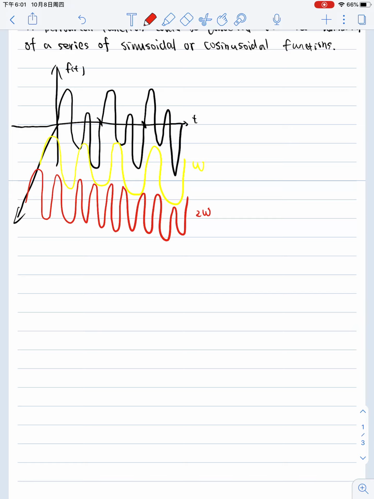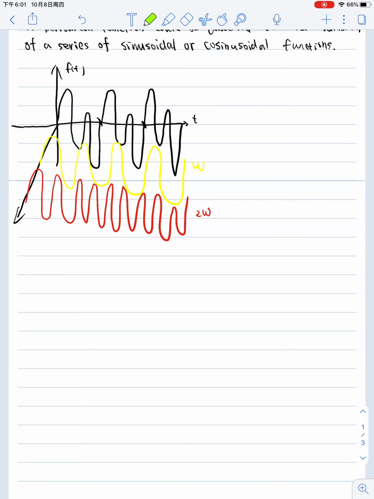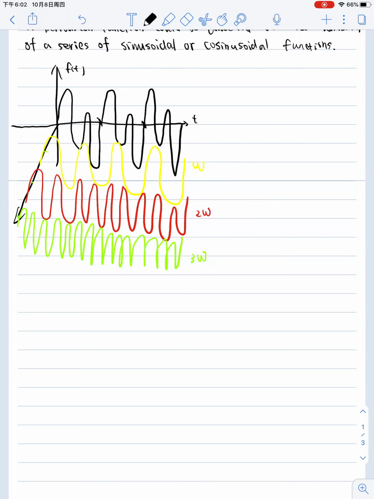And also maybe we have another, even higher frequency, 3 omega. So we have these three functions, with omega, 2 omega, and 3 omega.